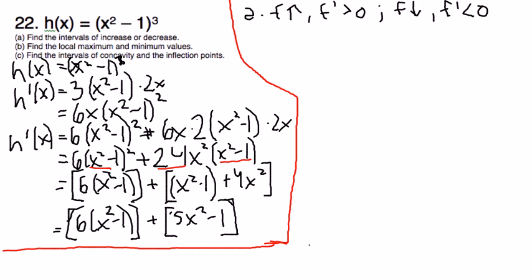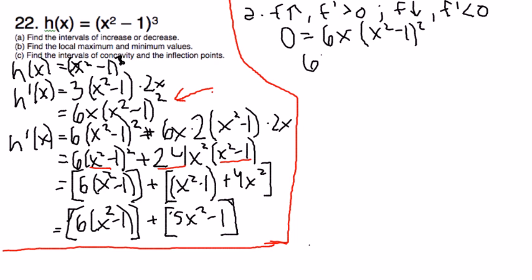We found the derivative just before, and it's right here. So what we need to do is find when h prime of x equals 0. So we will say 0 equals 6x times (x squared minus 1) squared.